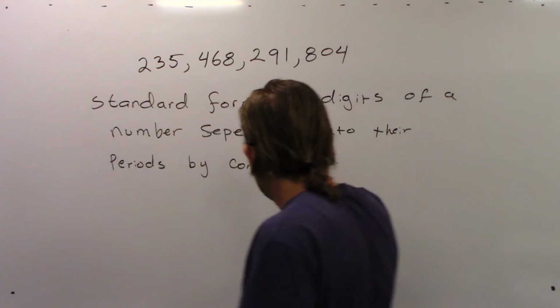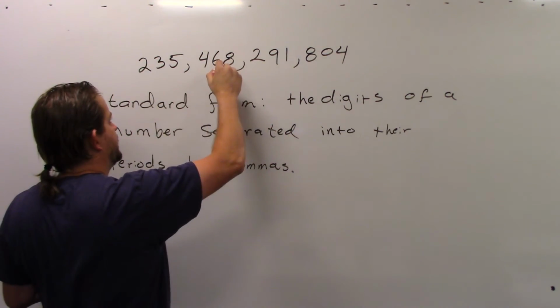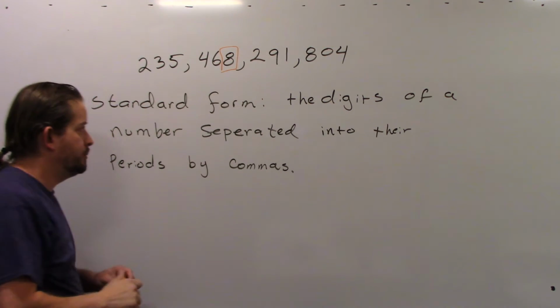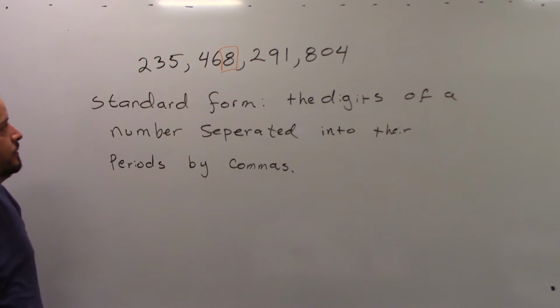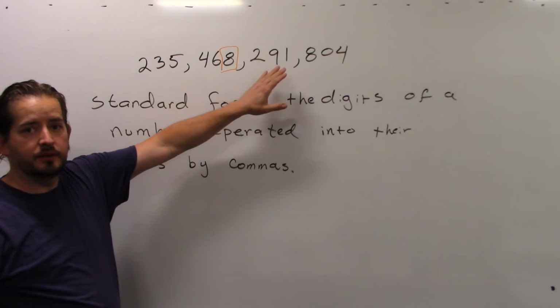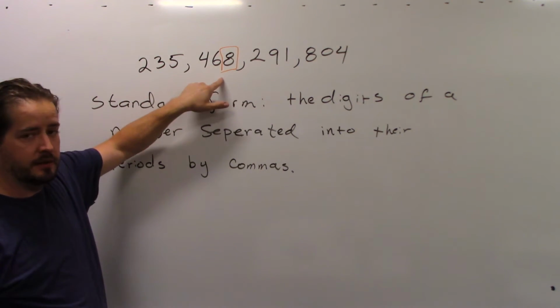So, this 8, excuse me, this 8 right here, what place value is that 8? Well, first we find the period that it's in. The first one's the ones, then the thousands, then the millions.